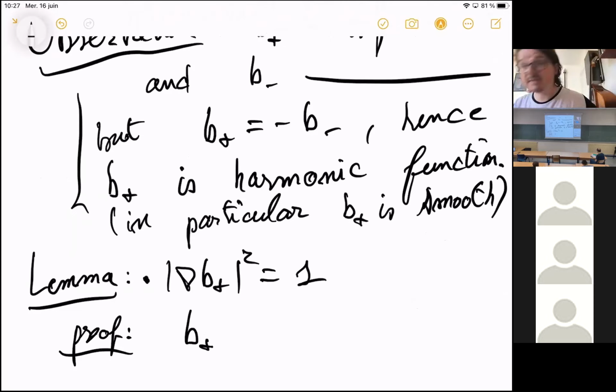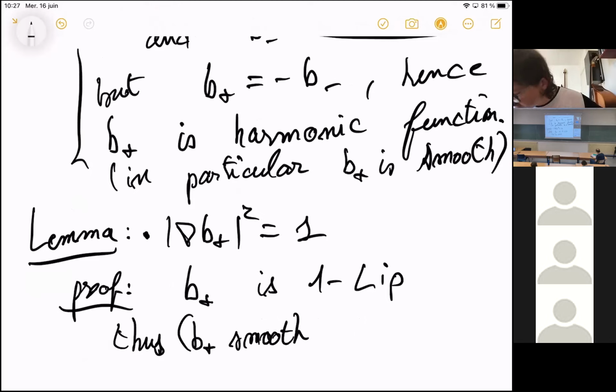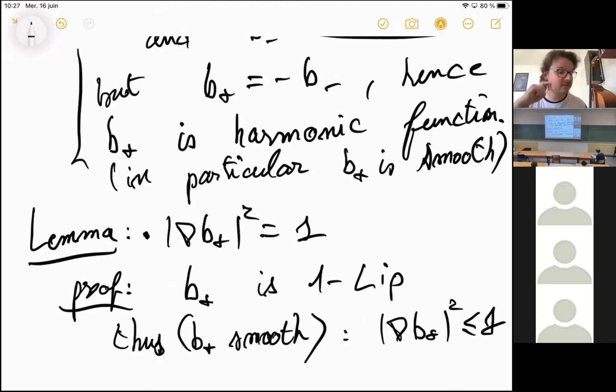First, as a limit of 1-Lipschitz functions, B plus is 1-Lipschitz. Since it is smooth, the gradient of B plus is at most 1.